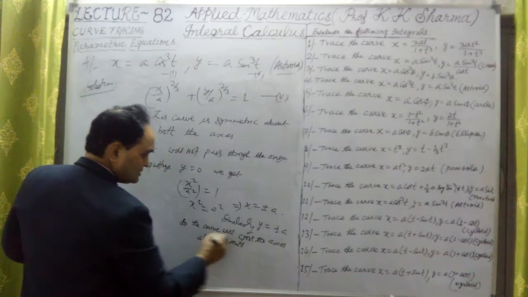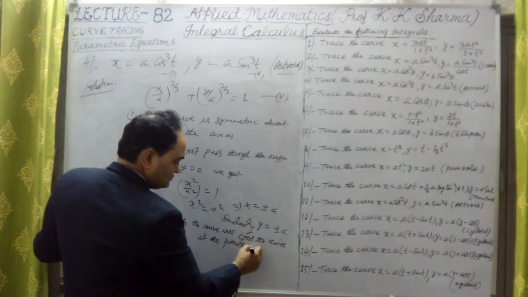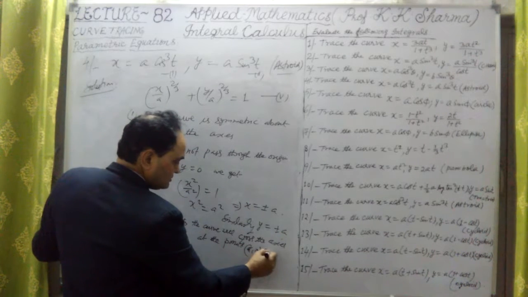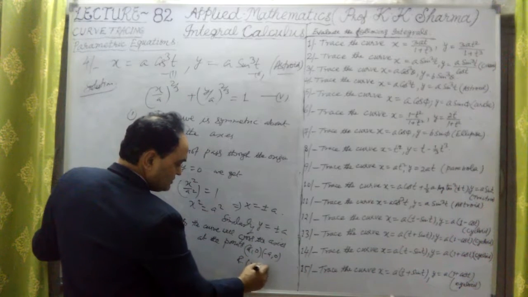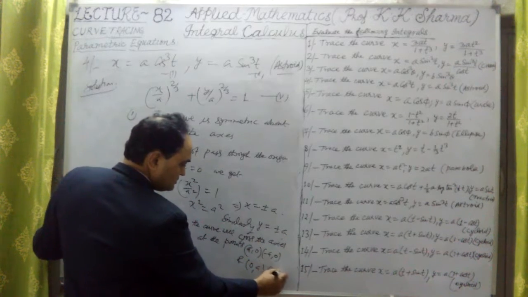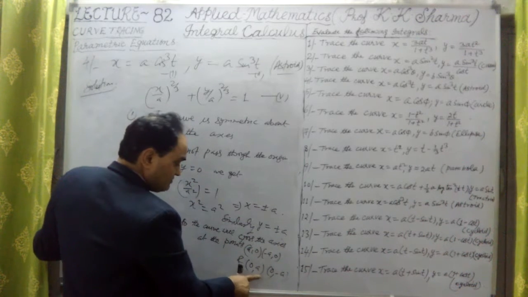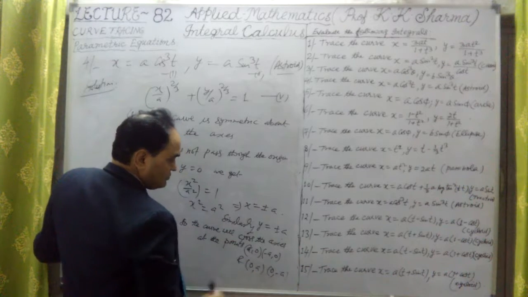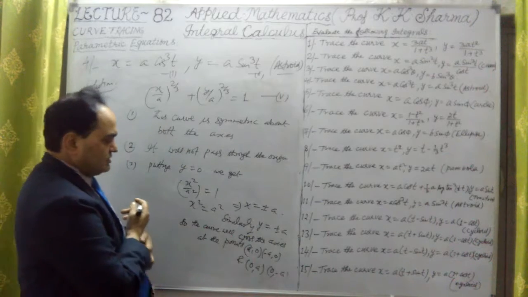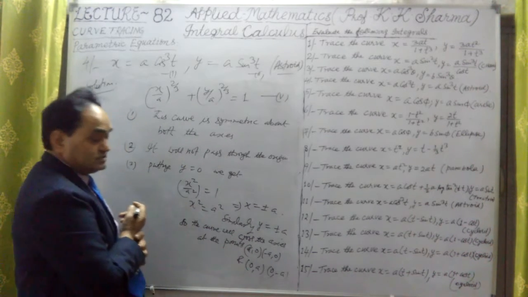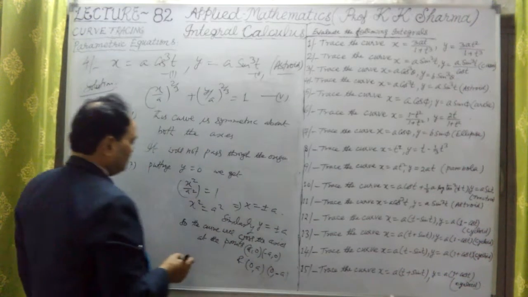At the x-axis it is (a, 0) and (minus a, 0), and on the y-axis it will be (0, a) and (0, minus a). In this case, in place of b on the y-axis, we have a, because the same variable is there. So the figure is of a similar type.